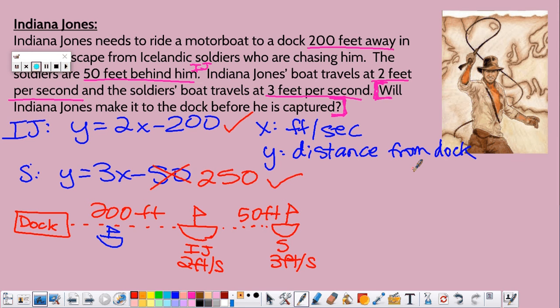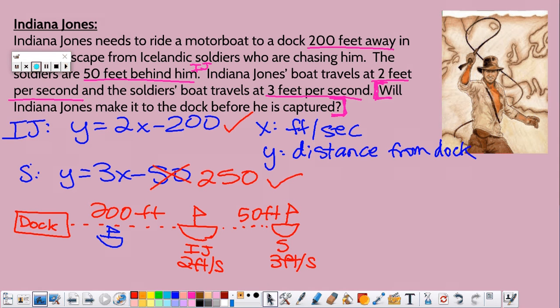Would it change the speed? It would change the distance, right? This would be how far is Indiana Jones from his own boat? 0. And how far would he be from where the soldiers are? 50. Would it accomplish the same thing, though, if it was 200 negative 250? Yeah, it would accomplish the exact same thing.